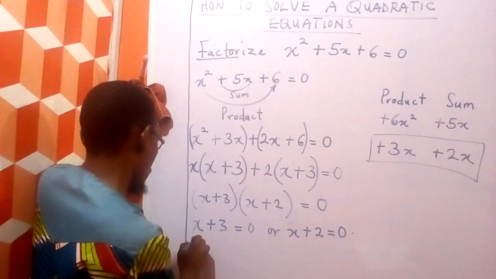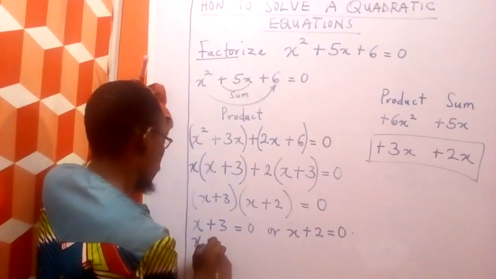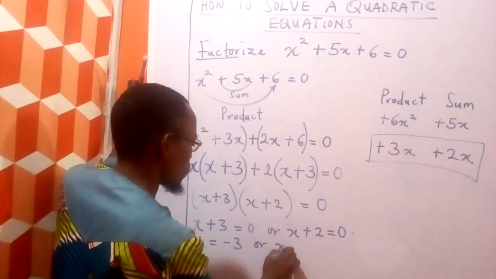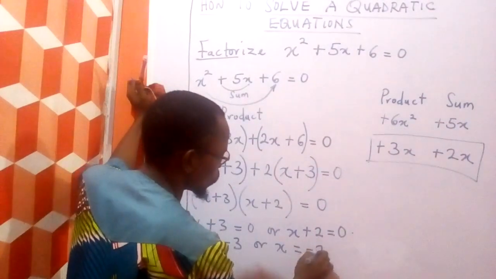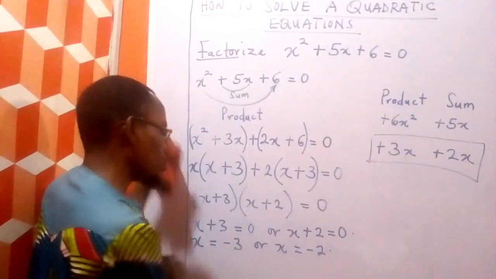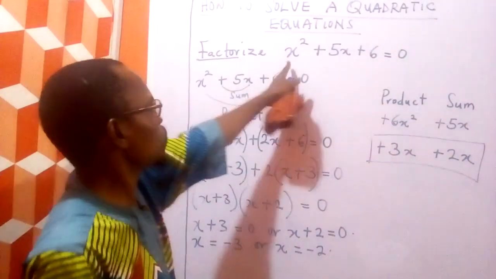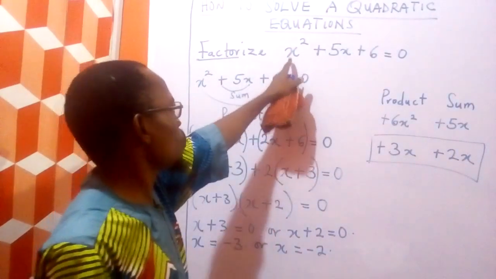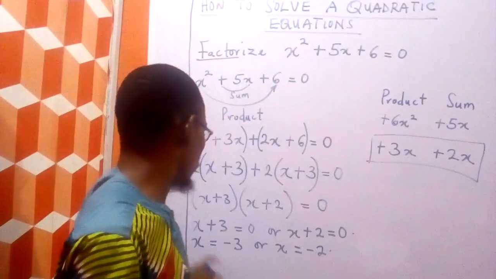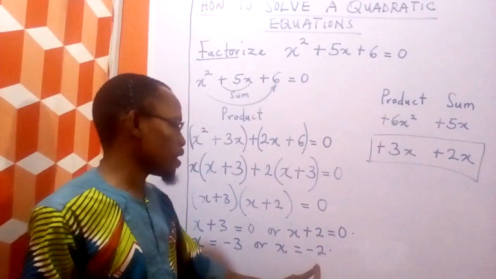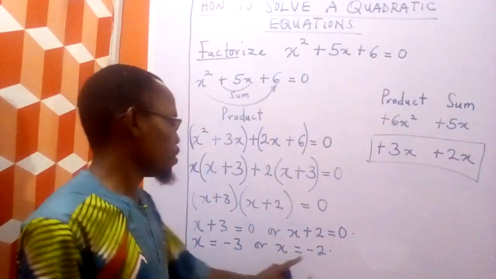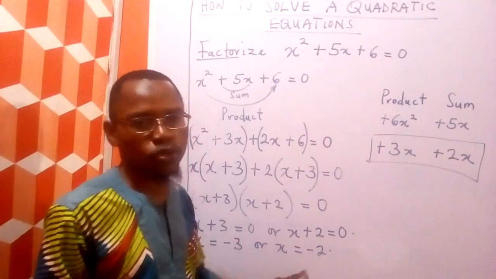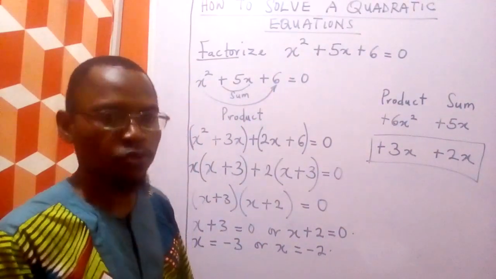With this, we have x equal to minus 3, or x equal to minus 2. So this is the solution for this quadratic equation using the factorization method. This is what we get at the end of the day: x equals minus 3, or x equals minus 2.